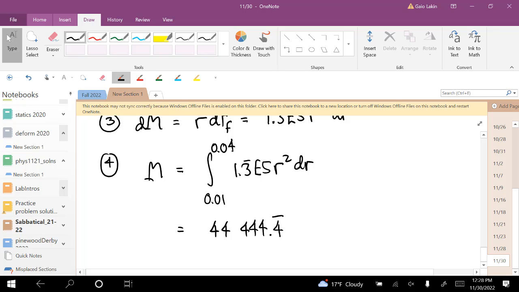Times r cubed, evaluated from 0.01 to 0.04.